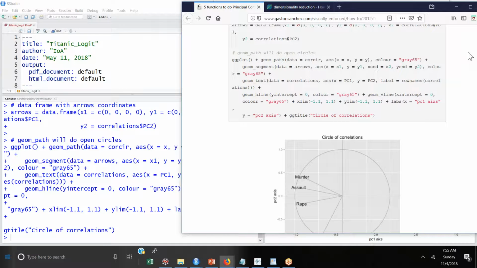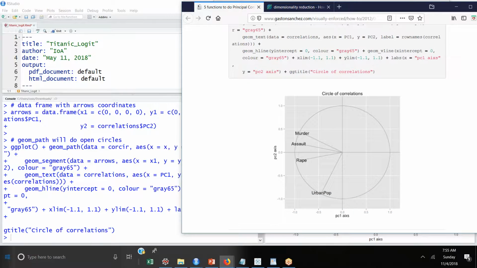Yes, sir. A small question, sir: in this data, murder, assault, rape are crimes, but urban population is not a crime. Fantastic. That is probably another way of interpreting why all these crimes are in one direction. Urban population is in another independent dimension, because crimes are highly correlated together.